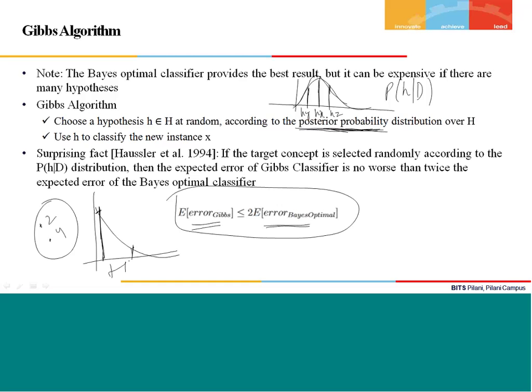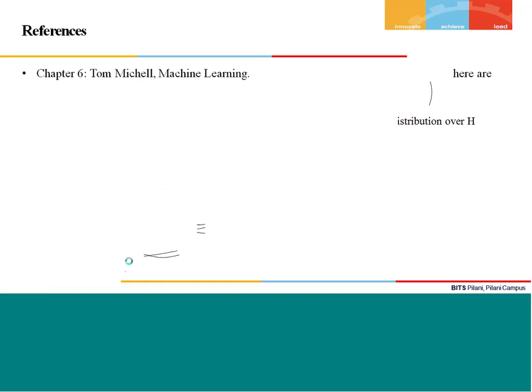So when you have a posterior probability distribution over H, you just pick a random H according to this distribution and classify the new X using that hypothesis. You will surprisingly see that the error you get by Gibbs is not more than twice the error you get by Bayes. Okay.